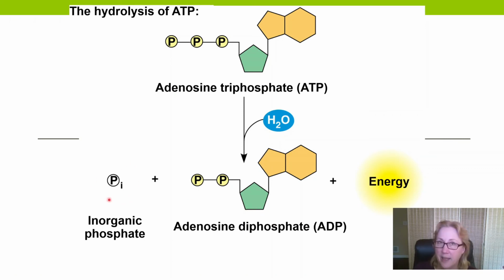Once we break off that little phosphate, now it's inorganic because it's no longer connected to a larger carbon-containing molecule. So that's what the little i means here. So when we have a P with a circle around it and a little i, that's to tell us it's no longer part of any kind of larger organic molecule. It's inorganic now. It's inorganic phosphate. Remember, even water is inorganic because it doesn't have any carbon in it.